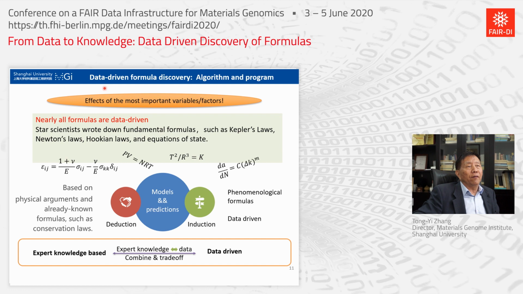In data-driven formula discovery, the key issue is to find the effect of the most important variables and factors. Nearly all formulas are data-driven discoveries. Here are some examples: Kepler's law, Newton's law, Hooke's law, and also a lot of equations of state, which are widely used in material science and engineering.